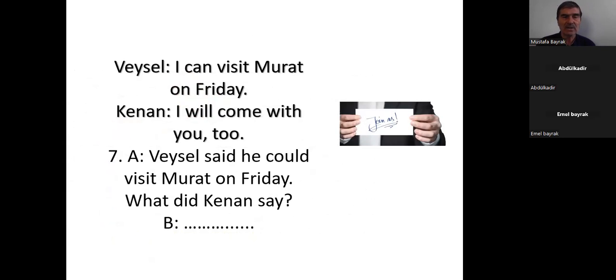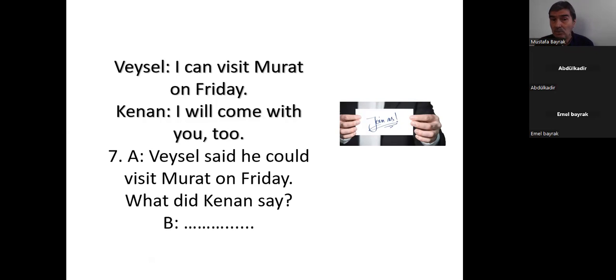Okay, Veysel for dialogue 7. Veysel, I can visit Murat on Friday. Next Friday, on Friday, I can visit. I will visit. I can visit Murat on Friday. Kenan, I will come with you too. Okay, Veysel said he could. Because said, the introductory verb, the main clause verb is in simple past tense.